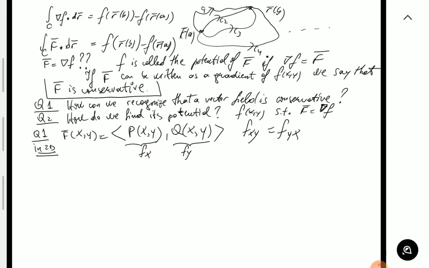So, if it is to have a gradient field, then P stands for partial x. If I differentiate P with respect to y, that should be equal to the derivative with respect to x of Q, because that's going to be f_yx.